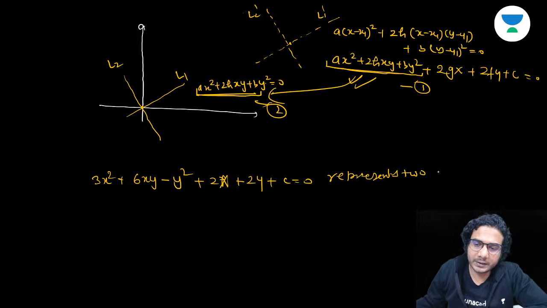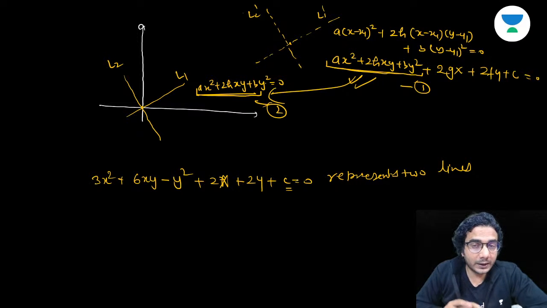So this represents two lines. Then you can ask what is c. You can find c using that delta which I have just written. Putting delta equal to 0, you'll get a relation, you'll get c, right?